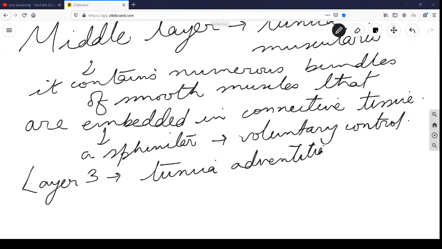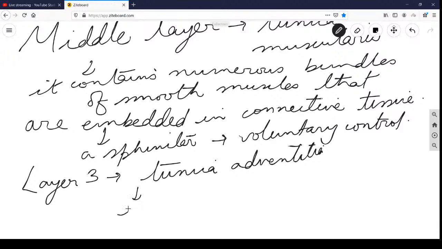What does this tunica adventitia do? It is made up mainly of elastic connective fibers again, which support the nerve bundles, most of which control the blood flow and the smooth muscle contraction of the vaginal tissue.